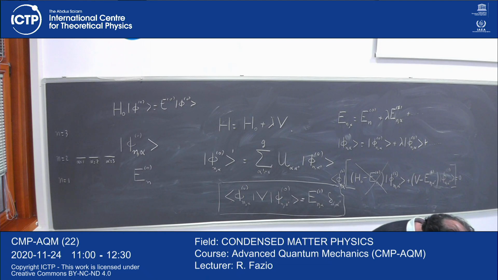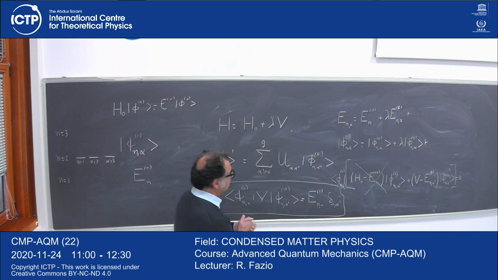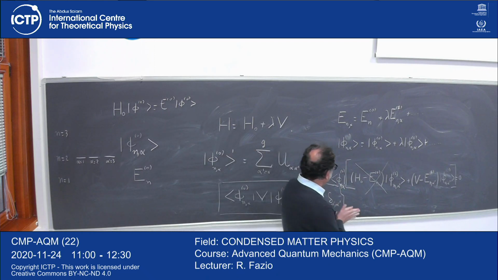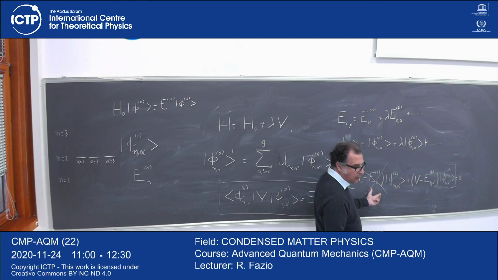Professor, sorry, can you repeat the explanation of the equation again? Yes. You see that I multiply by phi 0 n here, and then this term is 0.